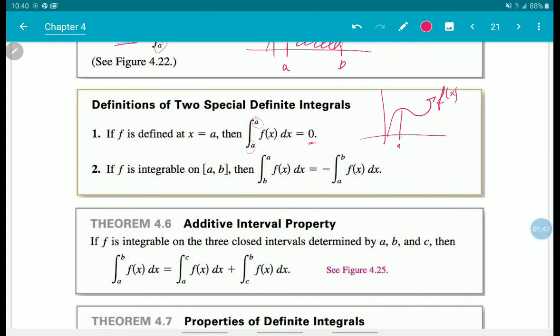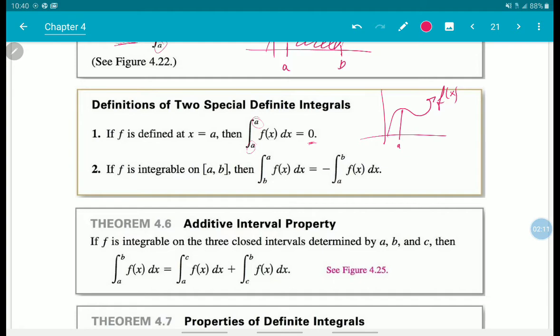That width, there's not really a width there because the beginning and the end point are the same. And since that width is 0, then it makes sense that this integral would have to be 0. And we could think about that almost like a rectangle. Thinking back to that last section, if the width is 0, then it makes sense that that would be 0.